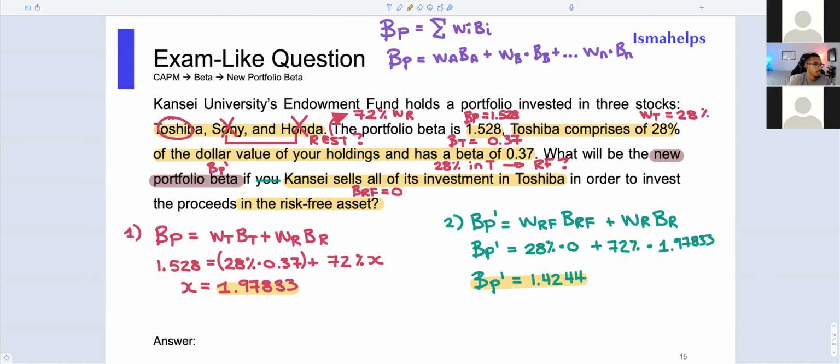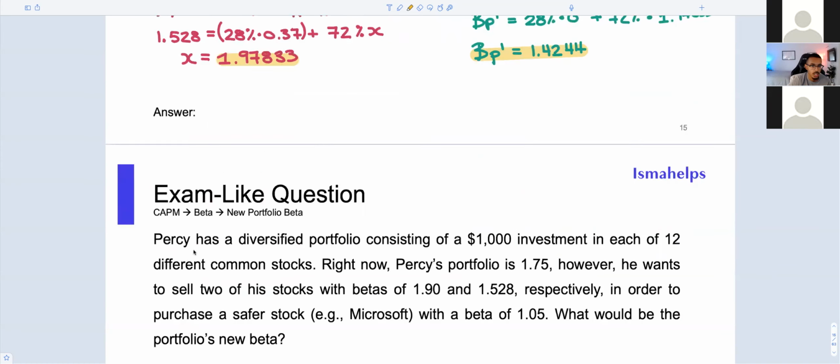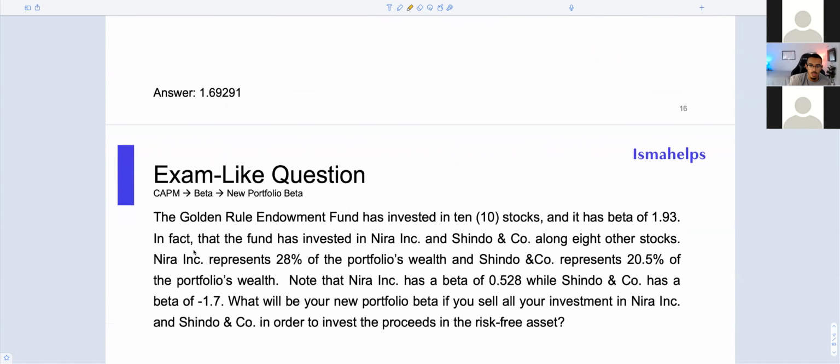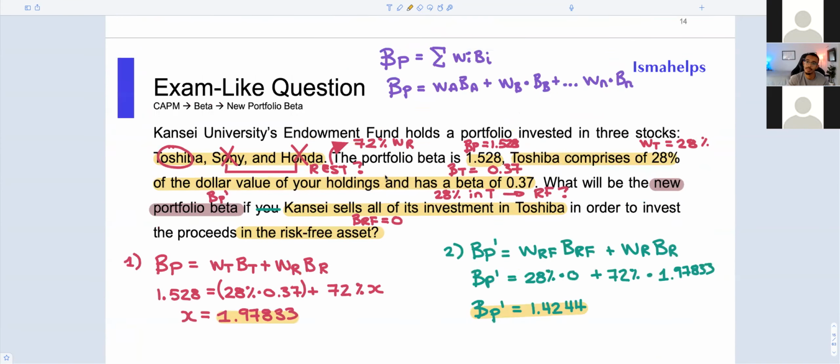So let's see what's the next question we could do together. Let's do this one, I believe. The question was not clear. That's why practice helps a lot, because questions will never be clear.